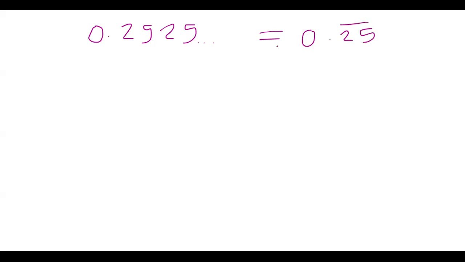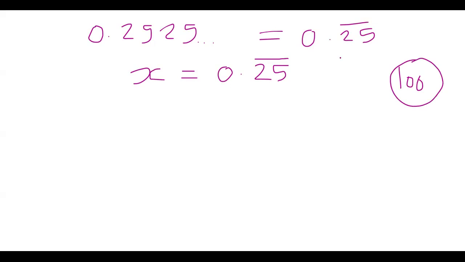Now we will take this number as x equal to 0.25 bar. Here after the decimal, two digits are repeating, 2 and 5, so we will multiply both sides by 100. Let's first mark this equation as 1.